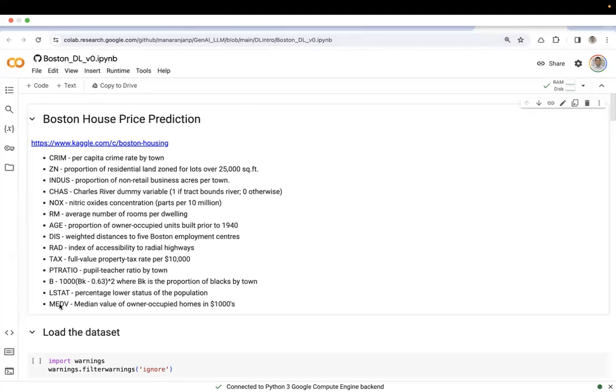Now, to understand the price of houses in a particular locality, there are some factors which can actually help us determine that. For example, what's the crime rate by town? What's the proportion of residential land zoned for lots over 25,000 square feet?